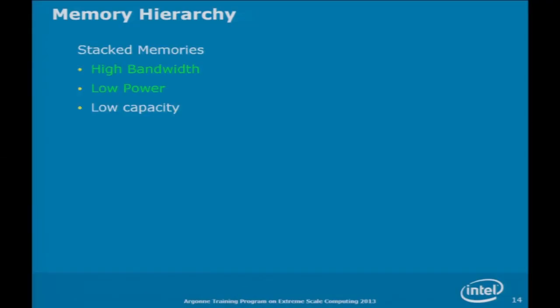Active memory operation means you actually do the work in the memory itself. You don't really bother transferring the data to the CPU. So you get this new kind of memory hierarchy.